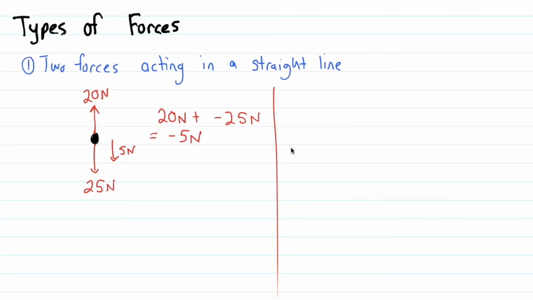Another example of vertical forces acting on an object is if we have an object right here and the upwards force is 20 Newton, whereas the downward force has 5 Newton and also 15 Newton.